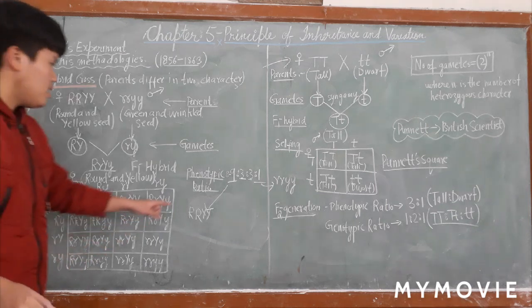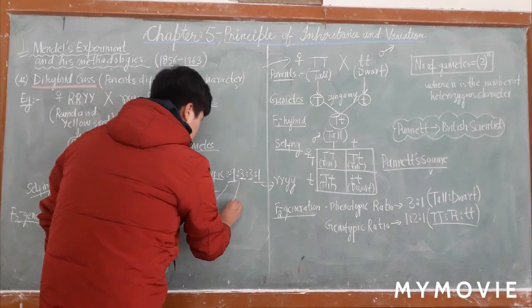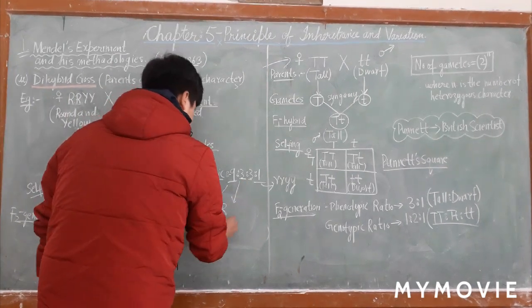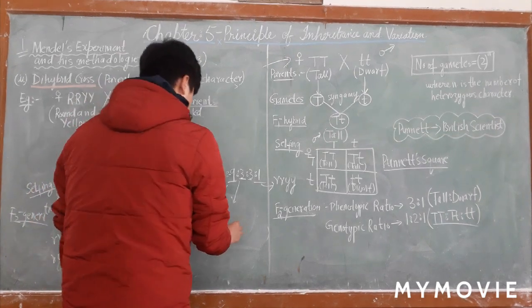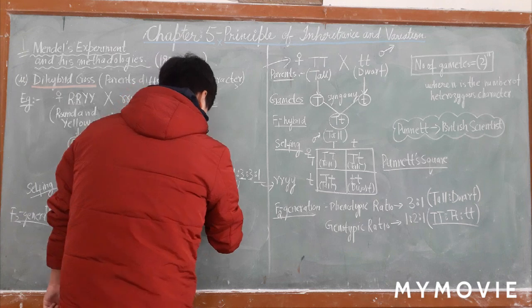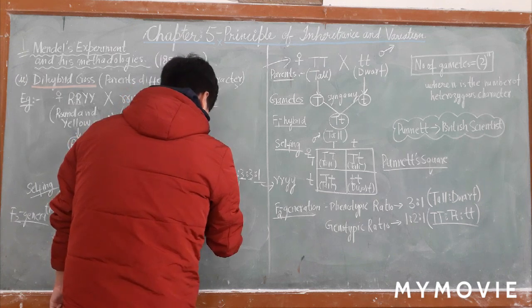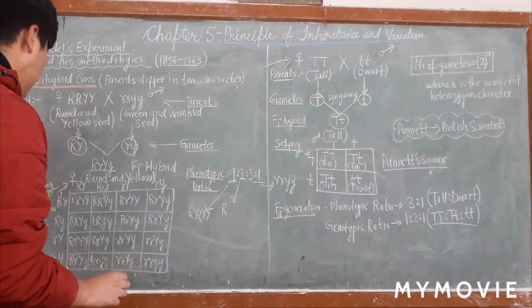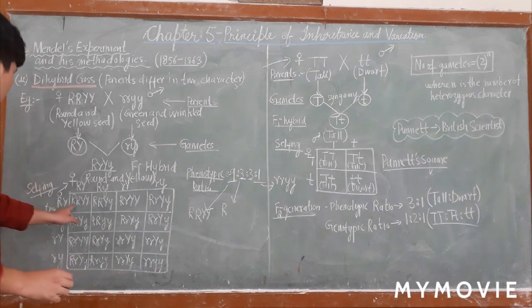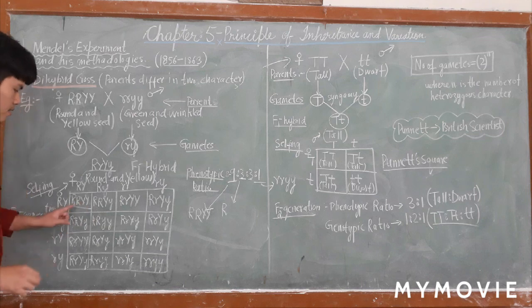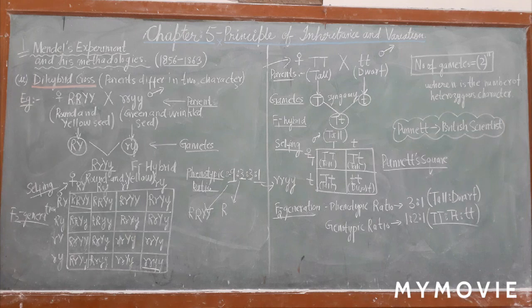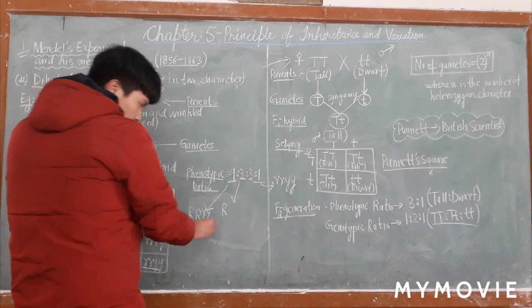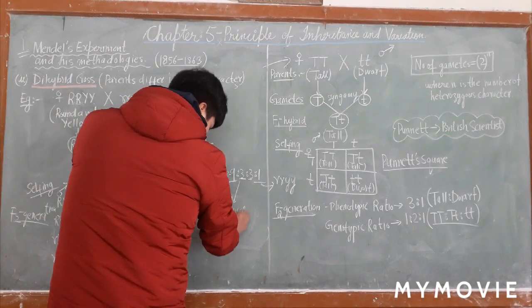F2 generation. Now 3:3, the first 3 symbolizes round and green.